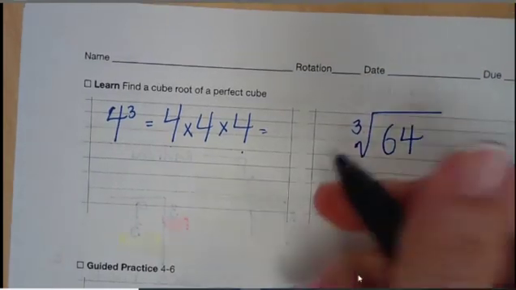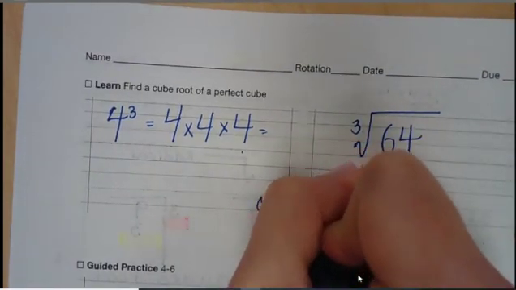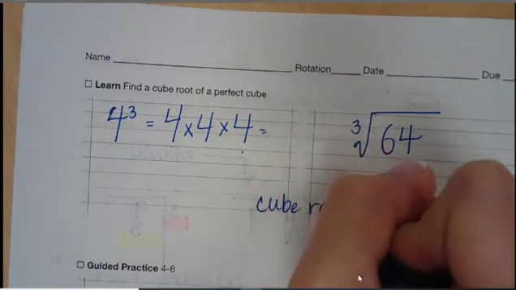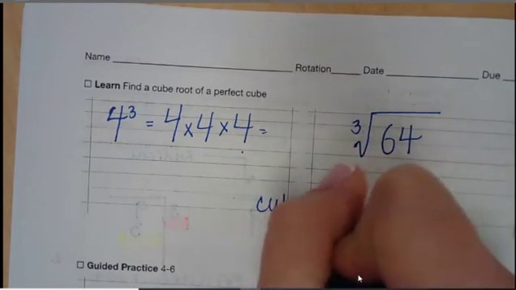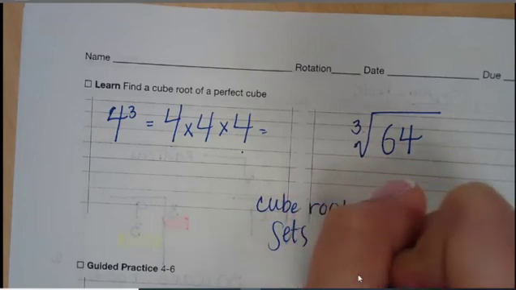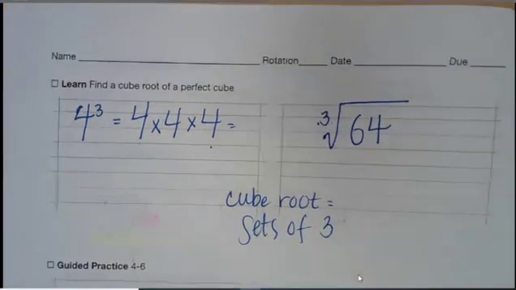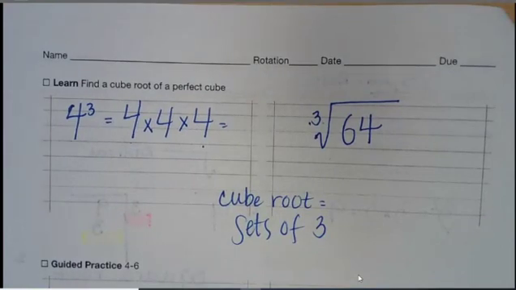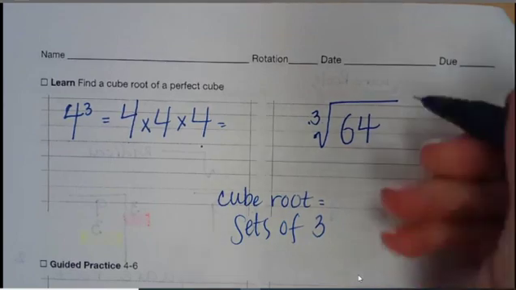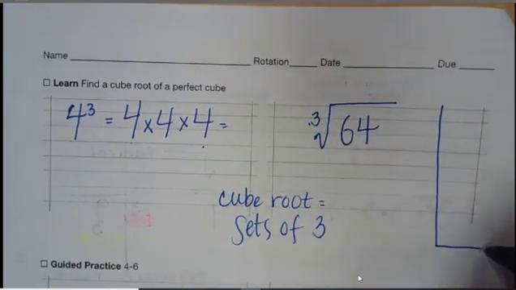So then I'm going to look for sets of 3. Okay, so just look to the exponent and it will tell you how many to look for. And if it doesn't have an exponent, like the square root doesn't, then you would find sets of 2.